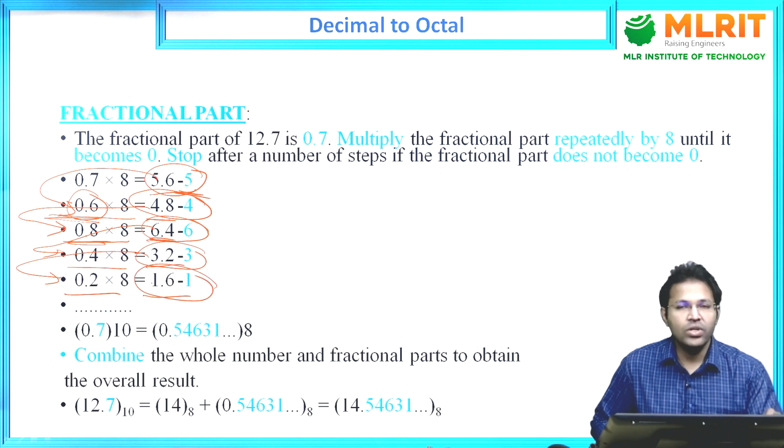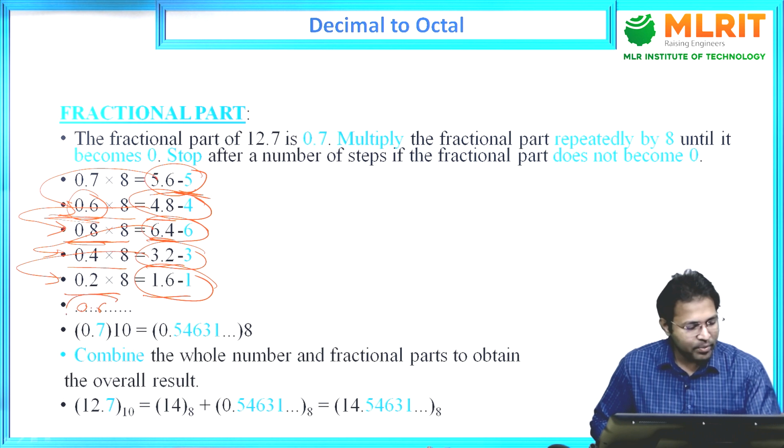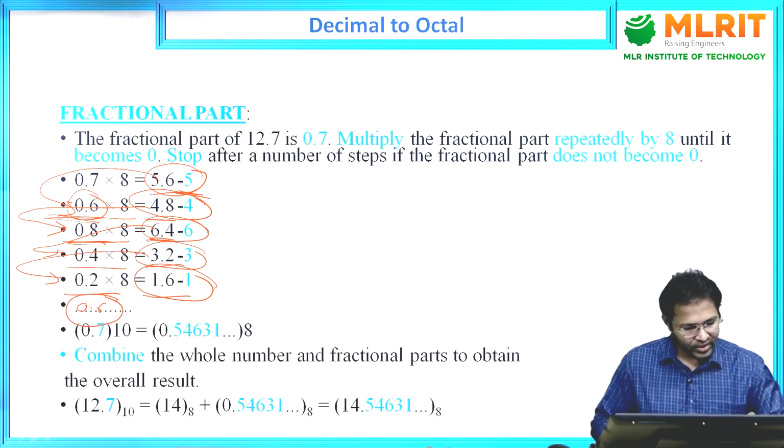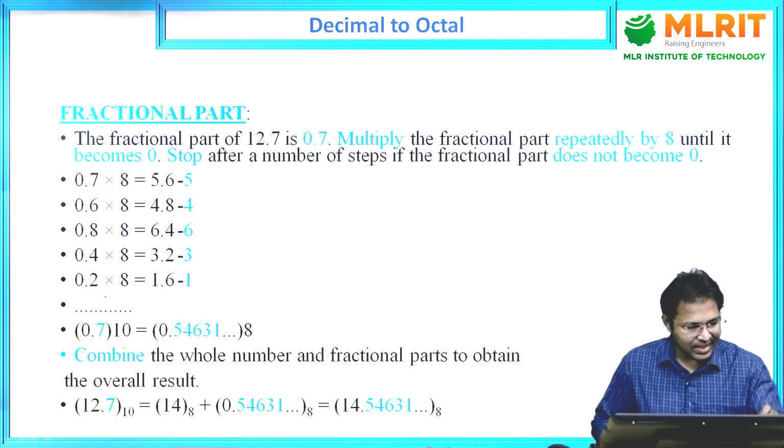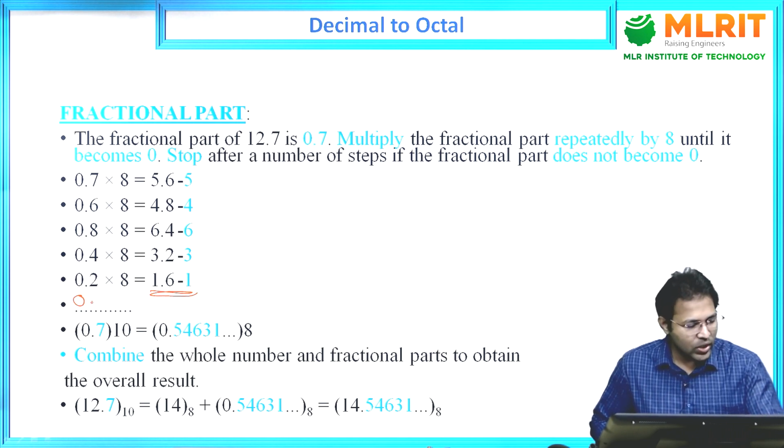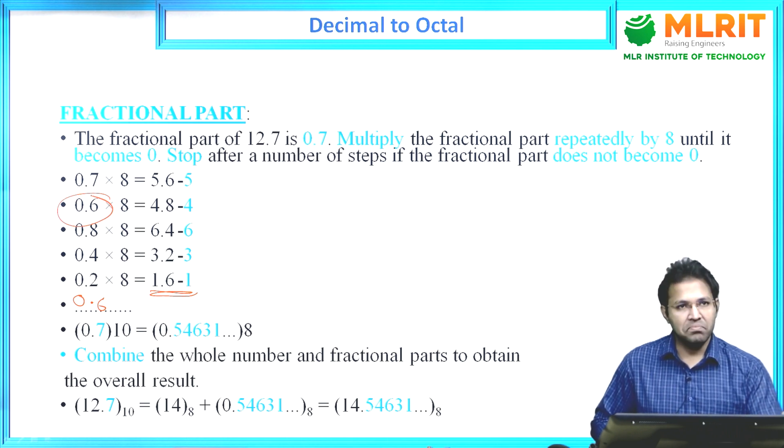If you take out 1 from this, we will again get 0.6. Let us discuss the last step again. If you take out 1 from this, we are going to get 0.6. And 0.6 already we have done.